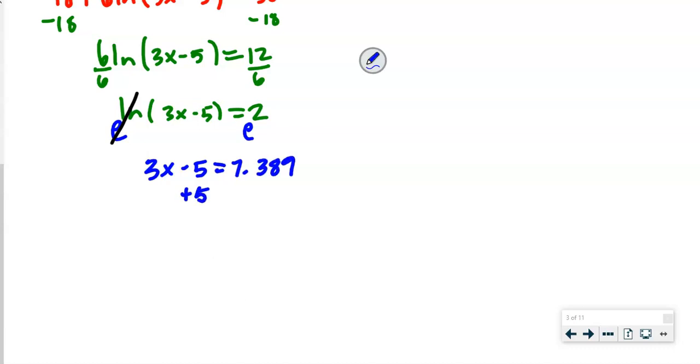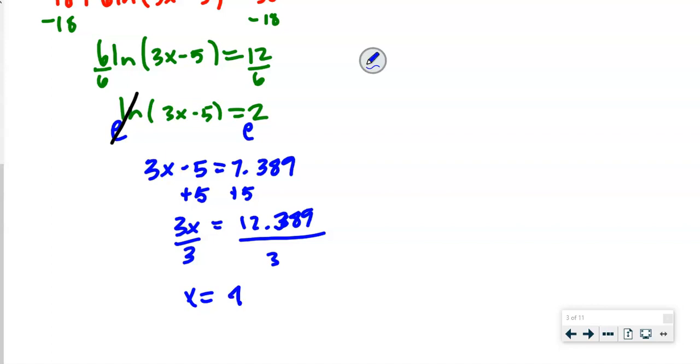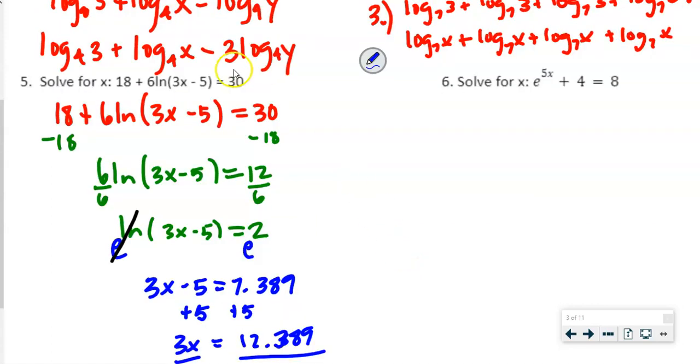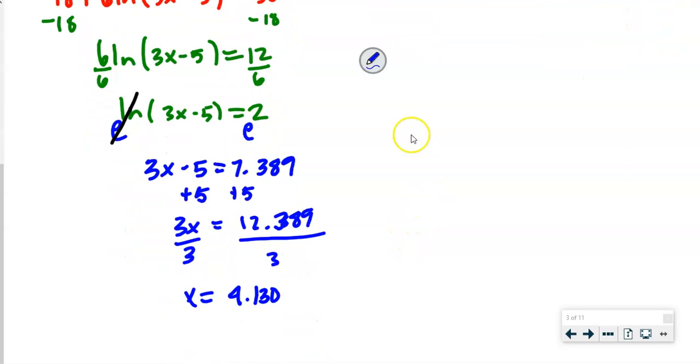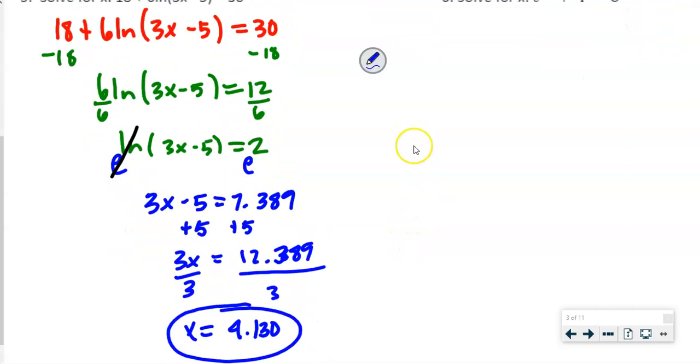We're going to add 5 to both sides. So that's going to be 3x is equal to 12.389. Then we're just going to divide both sides by 3. And so when we do that, we get 4.130. And I checked this. I went ahead and plugged it back in there and made sure that when I did all of this, the left side equaled 30, and it did. Okay, so your answer was x equals 4.130.